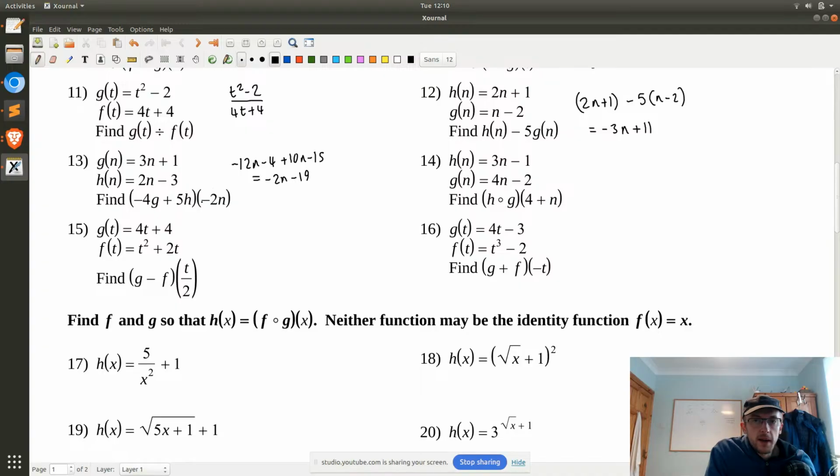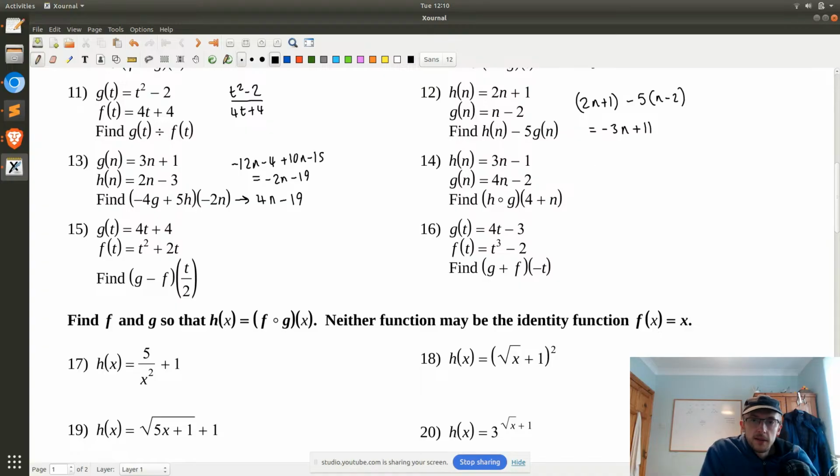And then we have to substitute in negative 2n. So that's going to be 4n, because I just plug it in there. Take away 19.